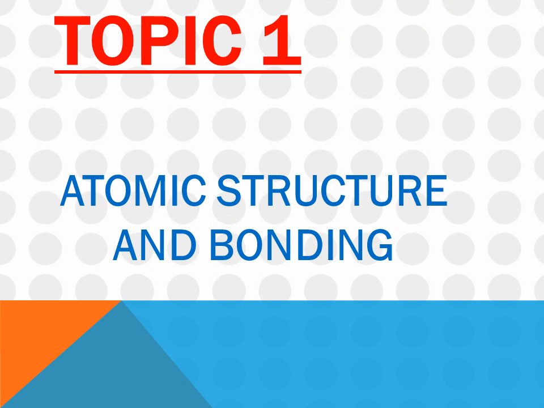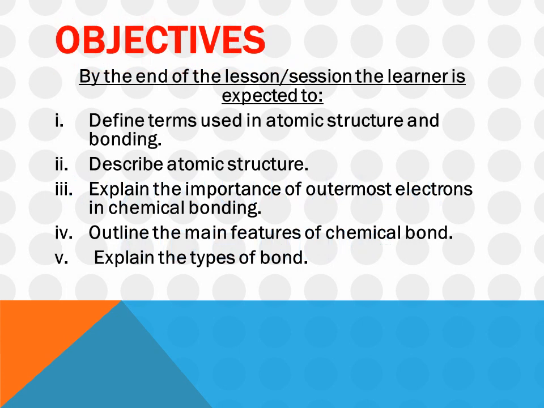We are going to start with topic 1, which is atomic structure and bonding. The objectives of these lessons are: number 1, I expect you to define terms used in atomic structure and bonding.